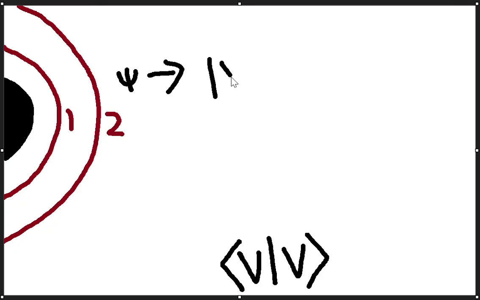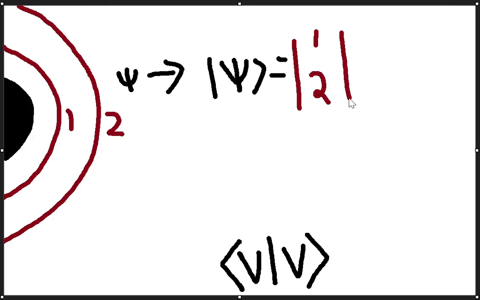So the vector psi is equal to the column vector of 1 and 2. And that's very simple, because this can represent any discrete system like that.